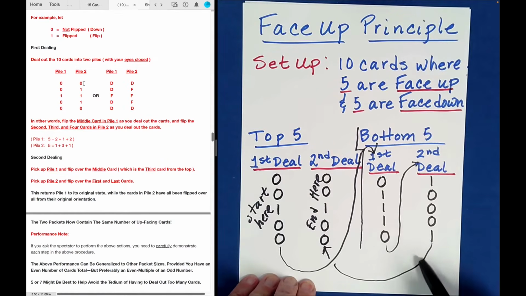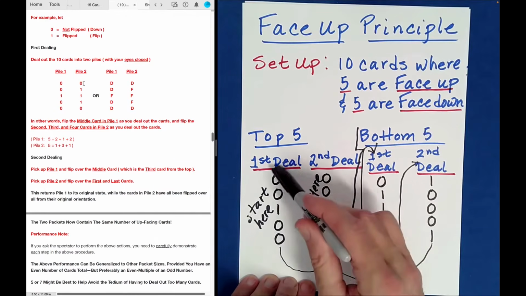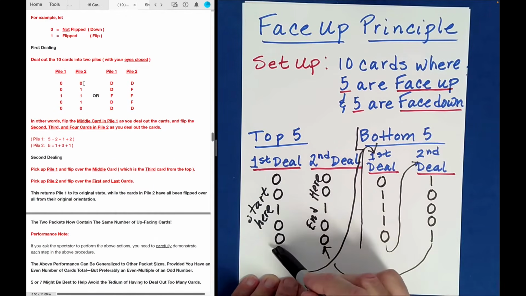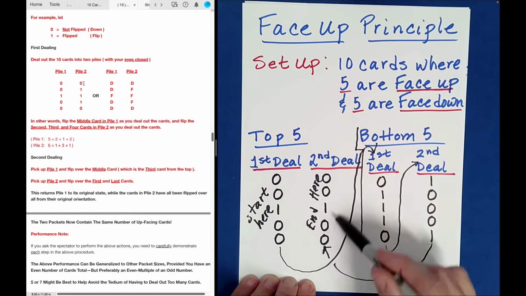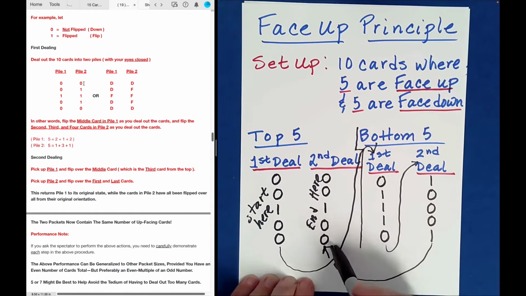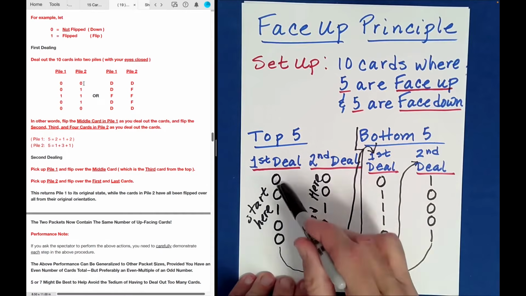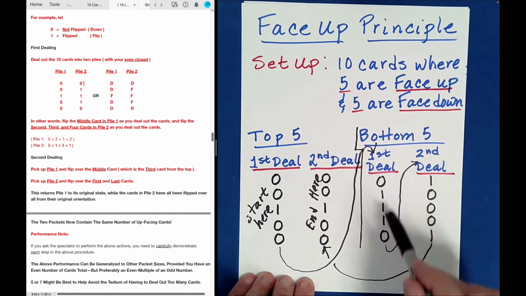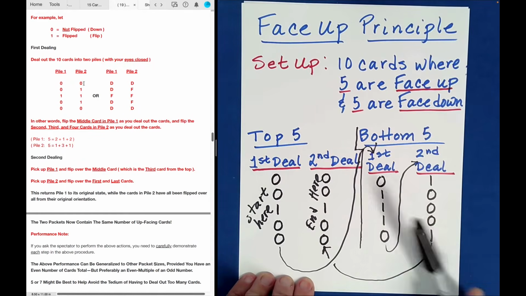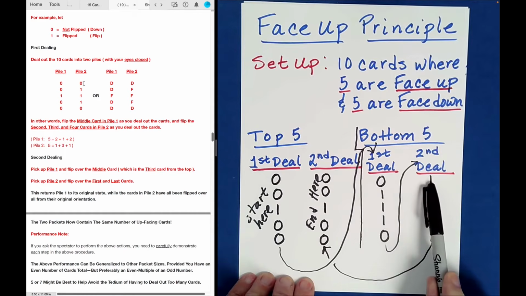And then the remaining cards, what we'll need to do is just perform the same dealing of the top half on these cards. Okay, so the first and second dealings here are essentially inversions or complements of each other. Can you see that? Where we have a 0, we have a 1.